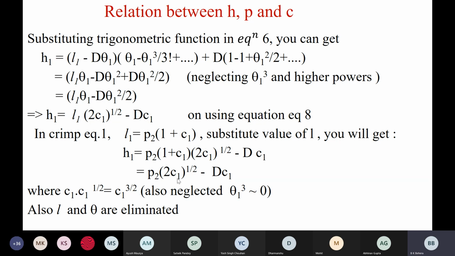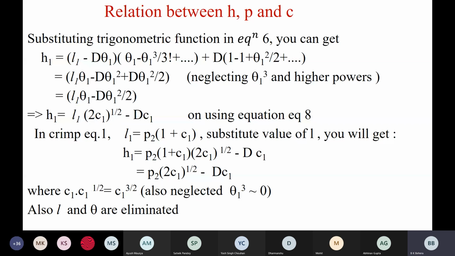In this case, square root of 2C1 minus DC1, where C1 into square root of C1 is C1 to the power 3 by 2. As in the previous case, we have neglected power of C3 and above. You can also neglect here theta 1 cube, which is approximately 0. L and theta are automatically eliminated.